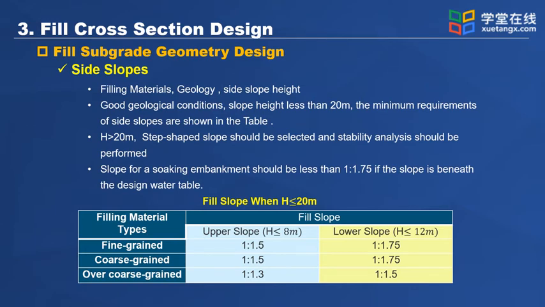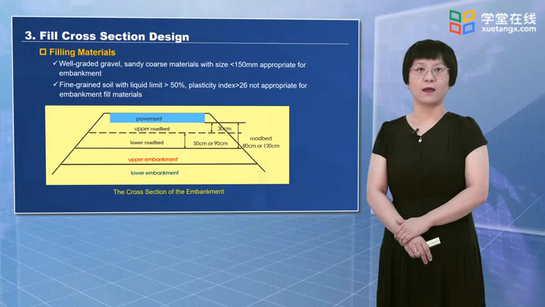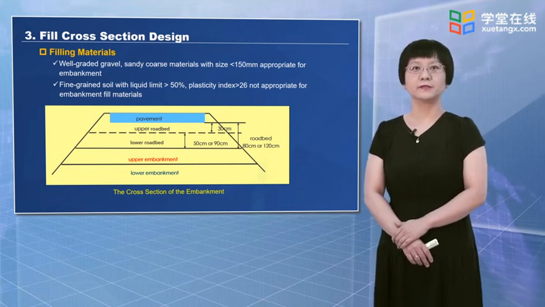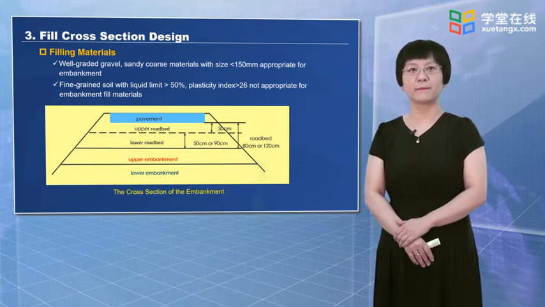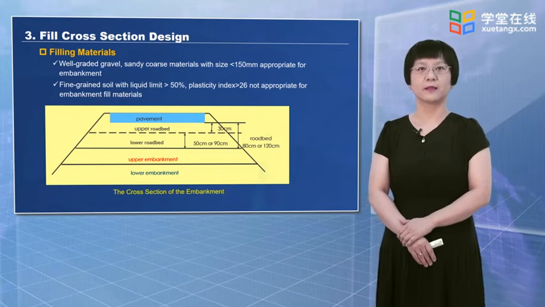Last, for the submerged slope section of the soaked embankment, the slope ratio should not be steeper than 1 to 1.75. The other side is fill materials. It should be noted that the embankment in this section refers to the subgrade part that is below the roadbed.